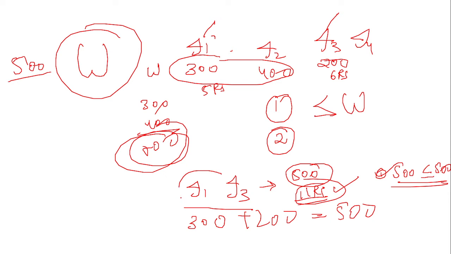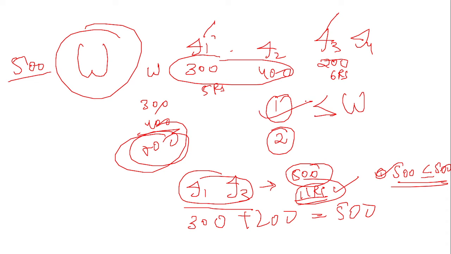You can see this is only for two items. You can add only a single item, or two items, or three items, or four items totally, or however many items you want. But you have to check only two conditions.